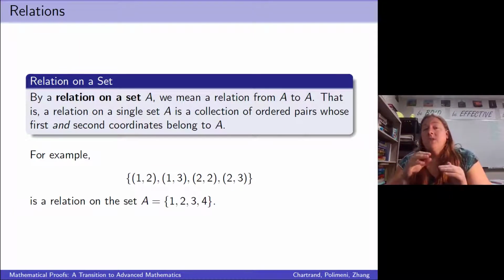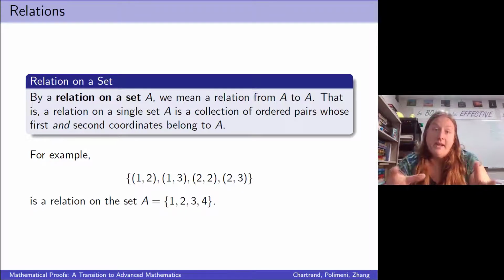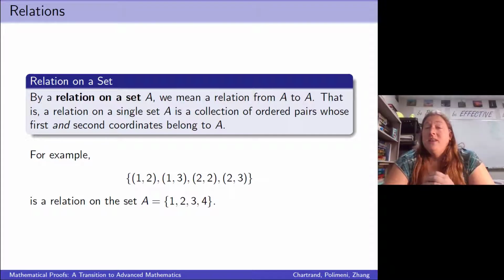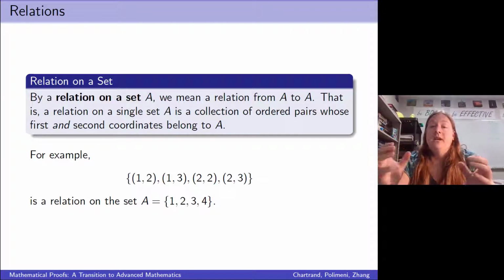Now, sometimes we talk about a relation on a single set. So way back in the beginning, we were talking about the relation on the set of triangles. Now, say we have a relation on just a single set. So I'm going to have a relation on the set A. Then what we mean by that is the relation goes from that set to that set.